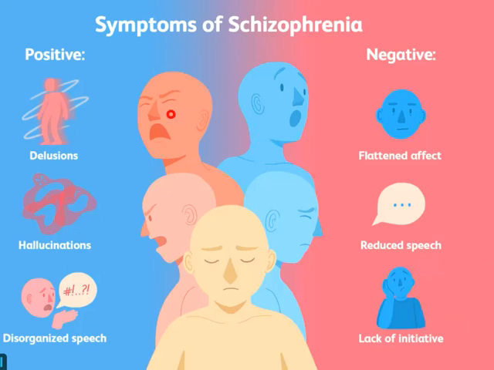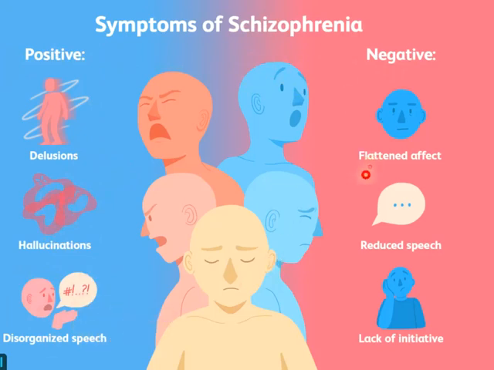How do you identify that a person is schizophrenic? Symptoms may be positive or negative. Positive is the person will have delusions: "Oh, I am the king of the world. I can do this. I can do that." They will have hallucinations. They will look at a rope and think it's a snake. Disorganized speech, saying anything.